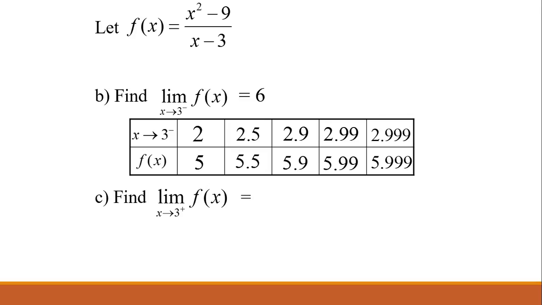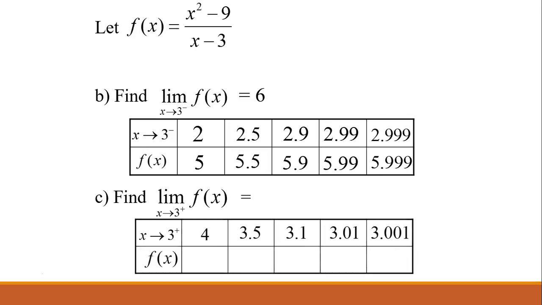How about from the right? How could we do that? Well, we can set up a table in the same way. We could think of values of x that are larger than 3 because we're approaching 3 from the right, but we're going to make those values closer and closer to 3. So we'll use 4 for an input value in our function, and we get 7 back out. 3.5 gives us 6.5.